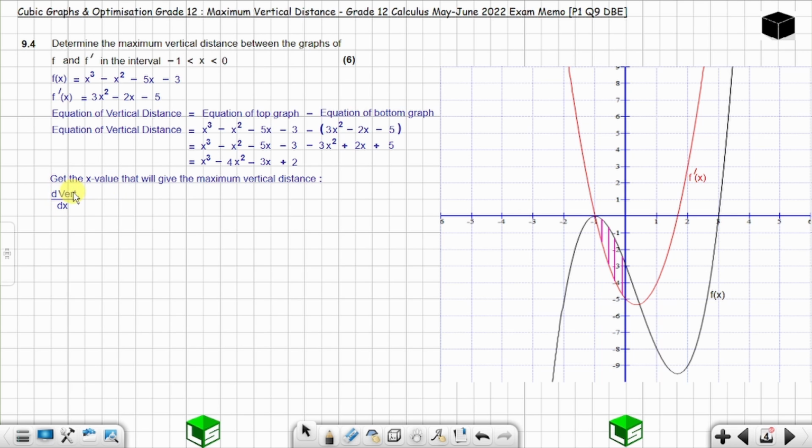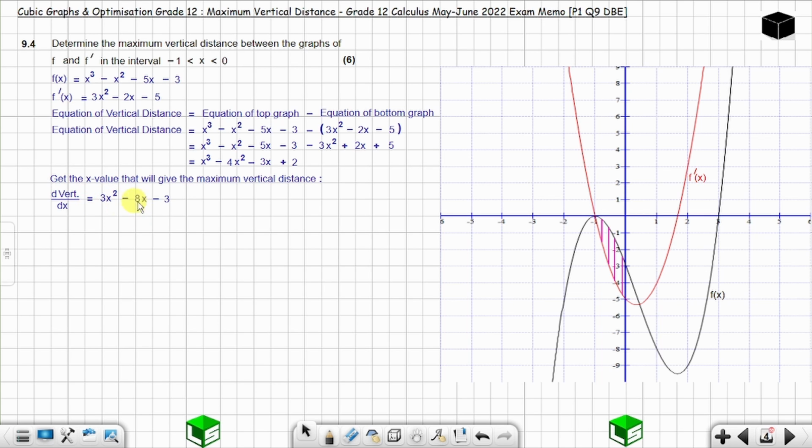So the derivative of the vertical distance with respect to x is equal to 3x squared minus 8x minus 3 plus 0. I hope you know how to take the derivative. You are going to equate it to 0 and solve for x. That x will give you the maximum vertical distance, or the longest vertical distance.